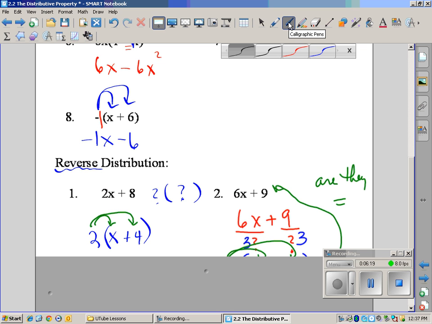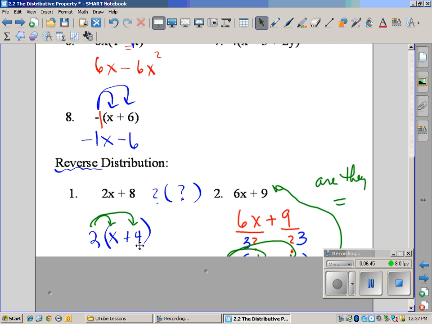In other words, take the same thing out of both of those terms and then end up with something on the outside to multiply back to distribute. So I'm seeing a 2. I can divide a 2 out of 2x, and I can divide a 2 out of 8. So I'd end up with 2x divided by 2, or just x, and 8 divided by 2, which is 4.